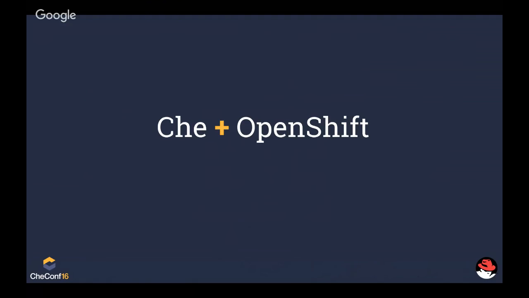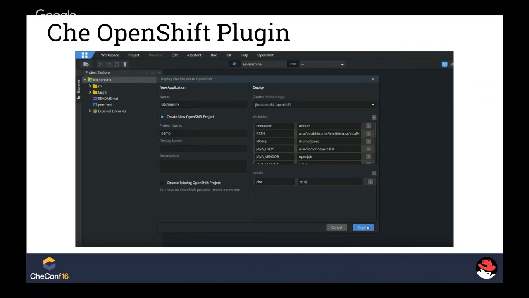So that's cool. We have seen that as a Che user, it's really interesting to use Che with OpenShift, and as an OpenShift user, it's interesting to have Che integrated within OpenShift. So let's see how they can work together. One way to integrate Che and OpenShift is using the Che OpenShift plugin.